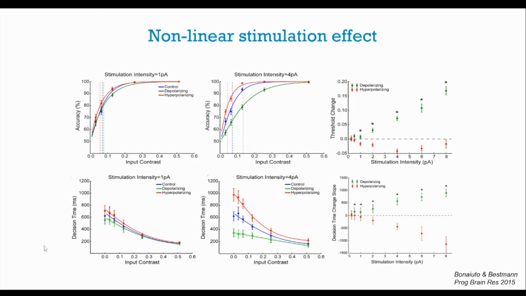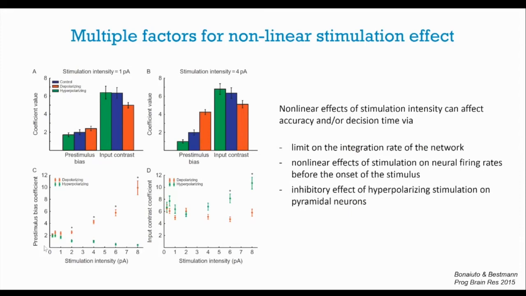It's about why is it? Just very briefly, the point is that there's no straightforward explanation. There are at least 3 reasons in this particular study. It's the limit on the integration rate of the network. So like a floor and a ceiling effect, you can't push the system beyond a certain range. And because of the complexity of the model and the interactions between populations that are inhibitory and excitatory, there are nonlinear effects on the neural firing rates, even before the stimulus occurs.